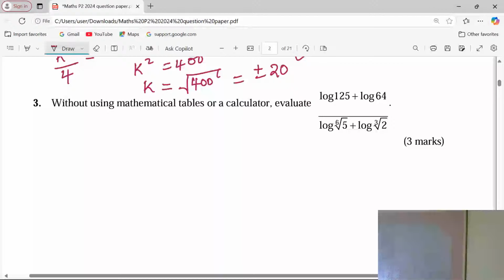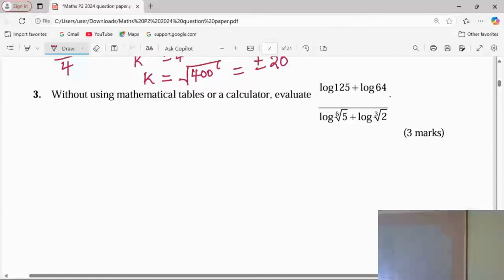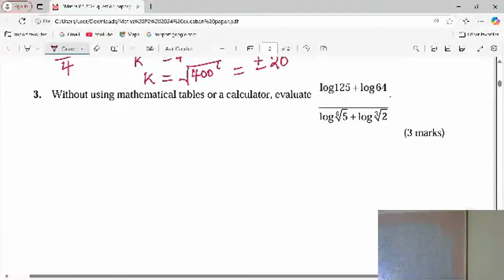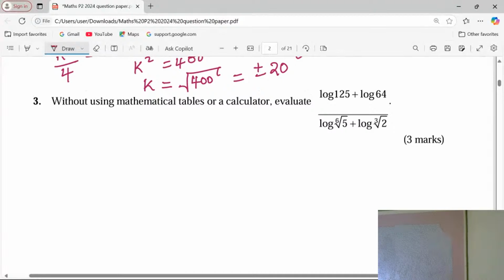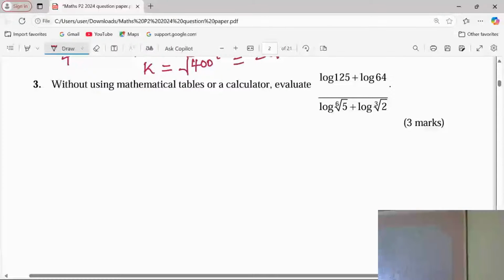Number 3, a question without using mathematical tables or a calculator. The logarithm of 125 plus the log of 4 divided by the log of the 6th root of 5 plus the logarithm of the cube root of 2. Let me break down the composite numbers into prime factors.